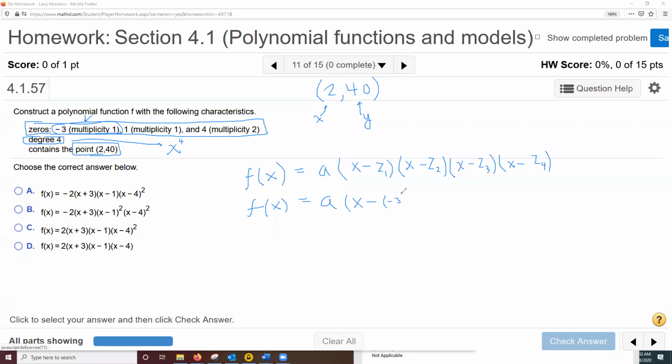Let me go to the next 0. The next 0 is a 1 with a multiplicity of 1. So I'm going to write that as x minus 1. Then I'm seeing that the next 0 is a 4, but this has a multiplicity of 2. So that means I have to write x minus 4 two times. Okay, so x minus 4, x minus 4.